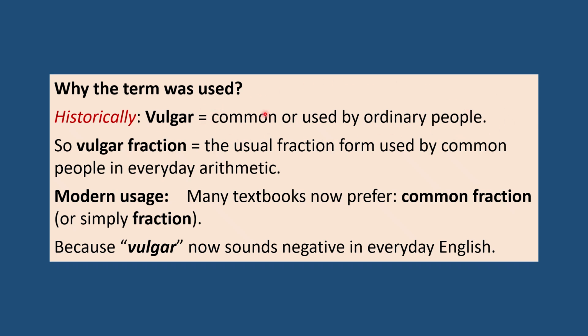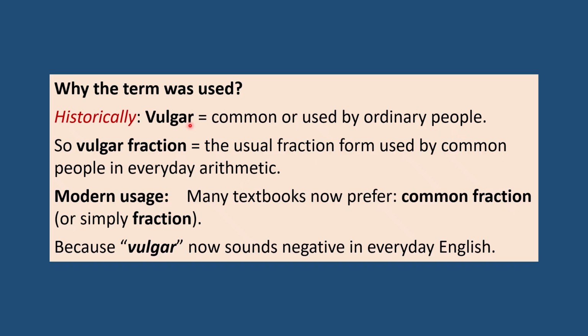Vulgar did not have a negative sense. In Old English it meant common or used by ordinary people. So vulgar fraction means the usual fraction form used by common people in everyday arithmetic.